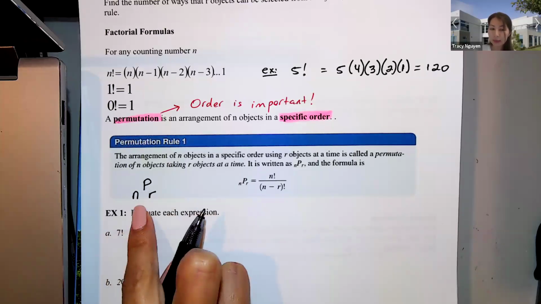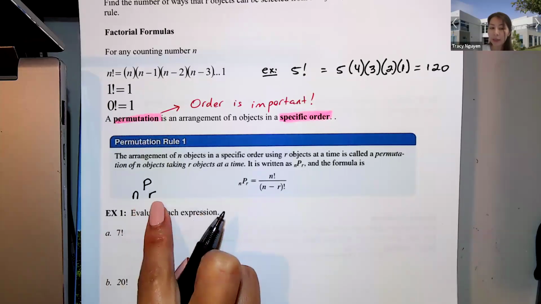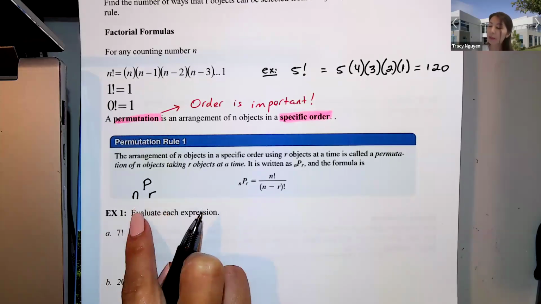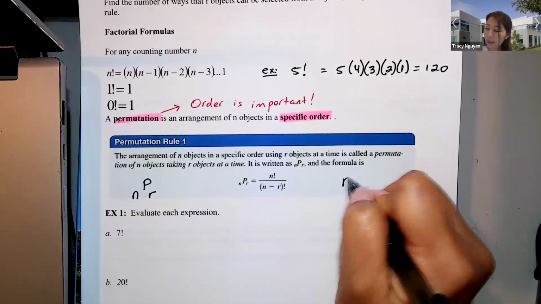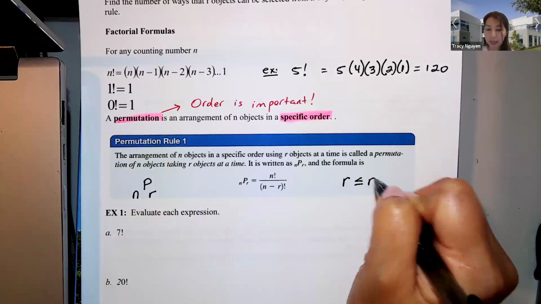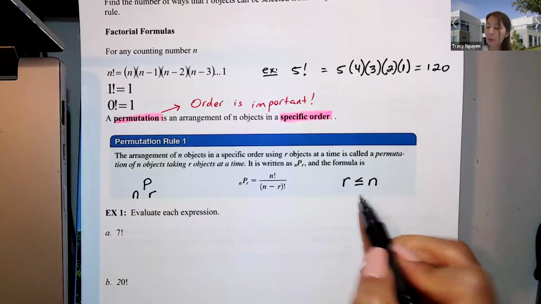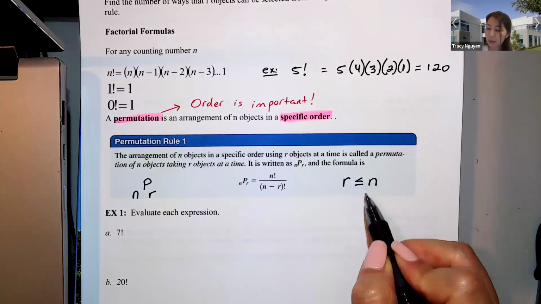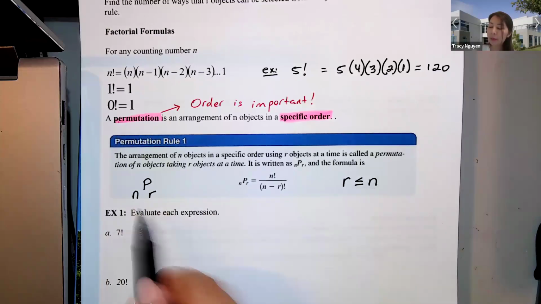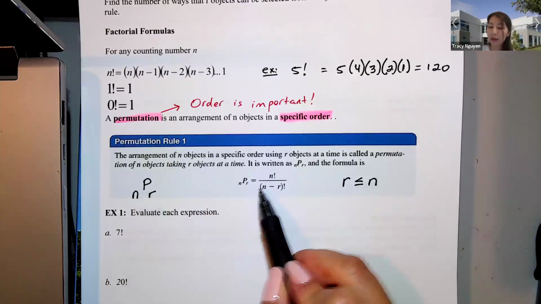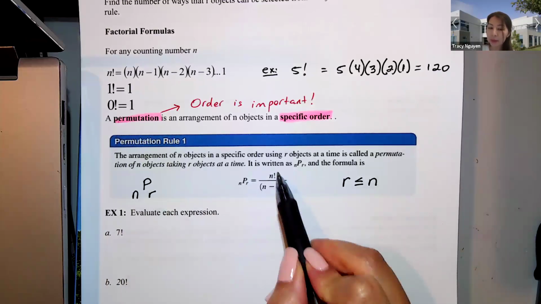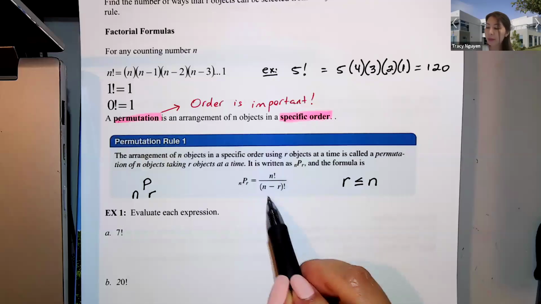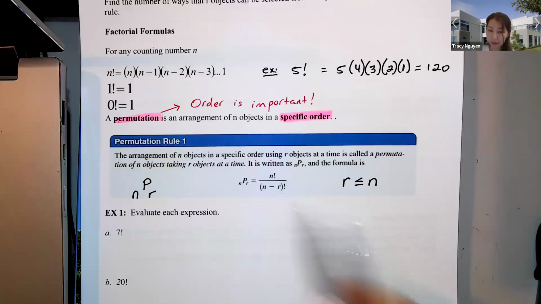That tells us n is the total and r is how many we're picking out of the total. So r has to be less than or equal to n. We cannot pick more than the total, but we can pick up to the total number of objects. Permutation of n choose r equals n factorial in the numerator. In the denominator we do n minus r, and then take the factorial.